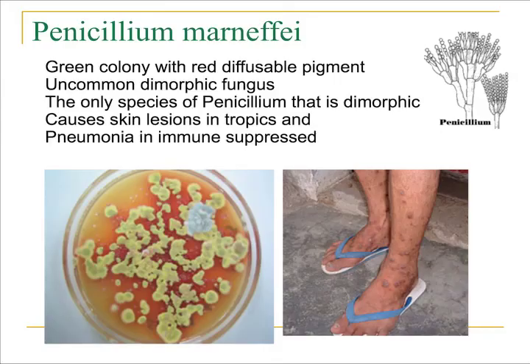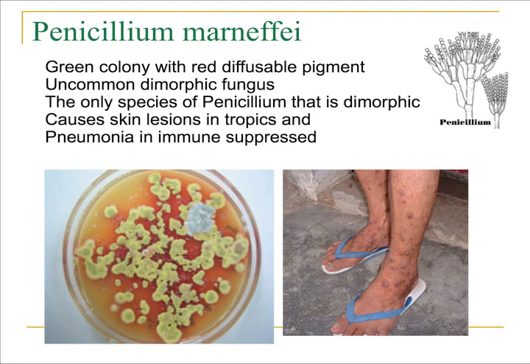On the next slide, we talk about Penicillium marneffei. This is one of the unusual dimorphics. It produces a green colony with a red diffusible pigment on a Sabouraud's or inhibitory mold agar plate. And if you look over on the right-hand side, you can see what the mold form would look like under a lactophenol cotton blue prep.